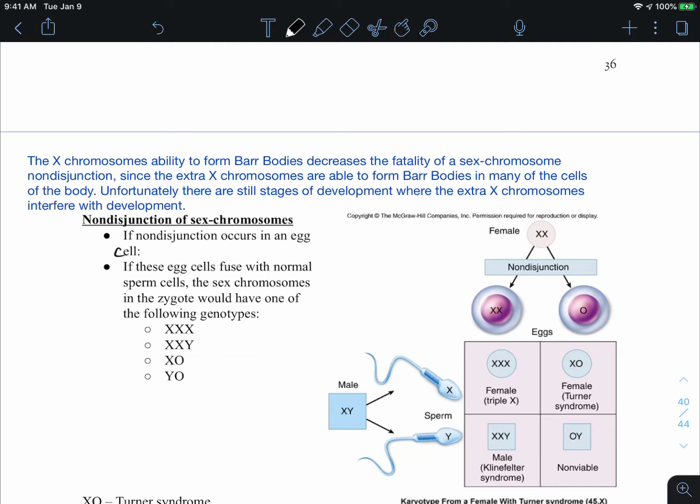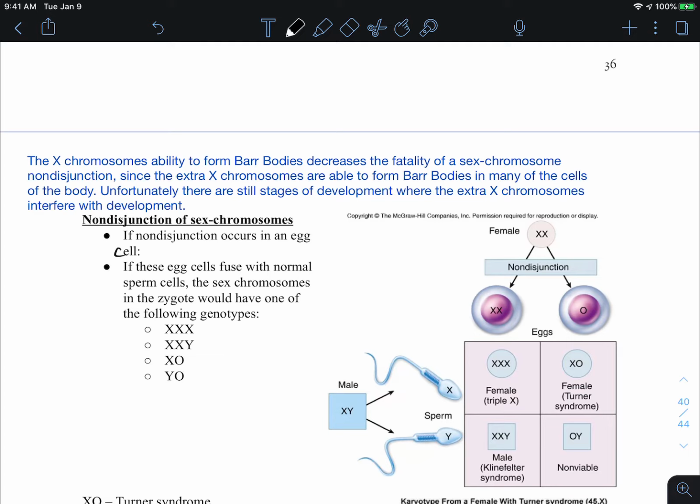There's already a mechanism in the cell for turning off X chromosomes, and with the non-disjunction of extra X chromosomes, those extra X chromosomes can, in many of the cells, just form bar bodies and not interfere with the development of that cell. And so these cells are now able to, at the very least, develop past the zygote stage and into the individual stage, or into the fetus, and then onto being born.